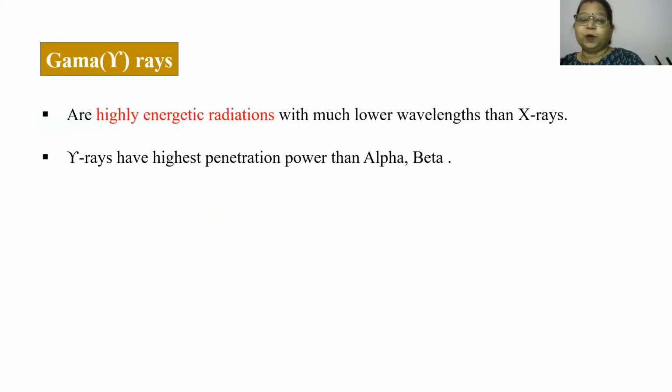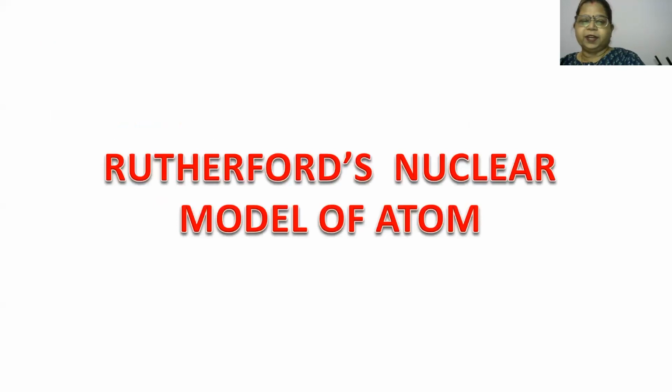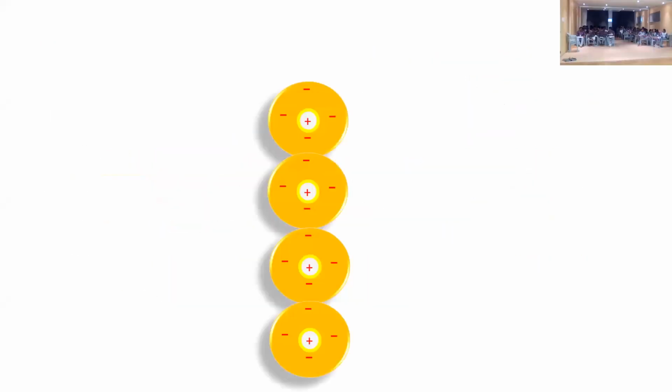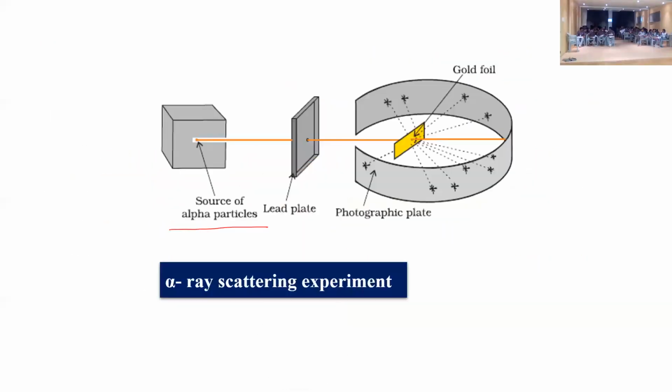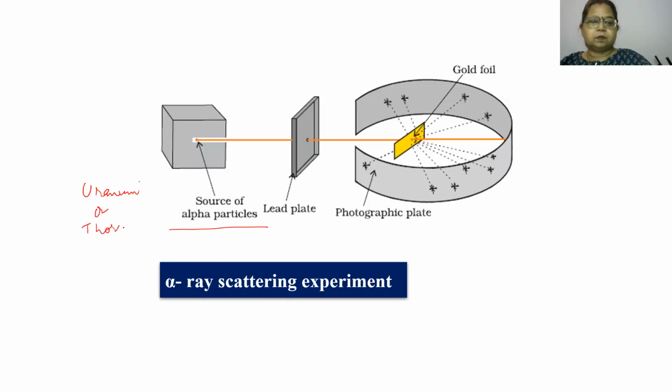I'm not too sure what you said. If you want to look at it again, I'll get back to that slide. See, the source of this could have been uranium, or he could have used thorium, right? The source of alpha particles could have been this.